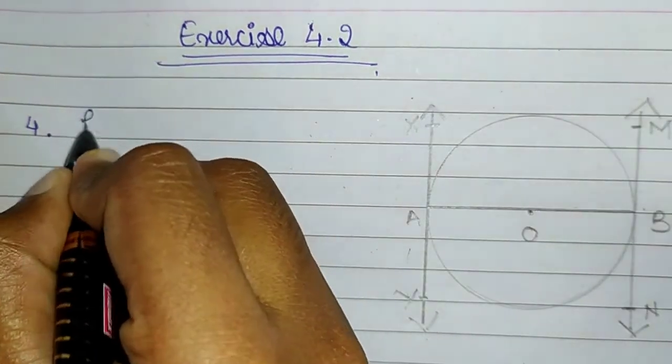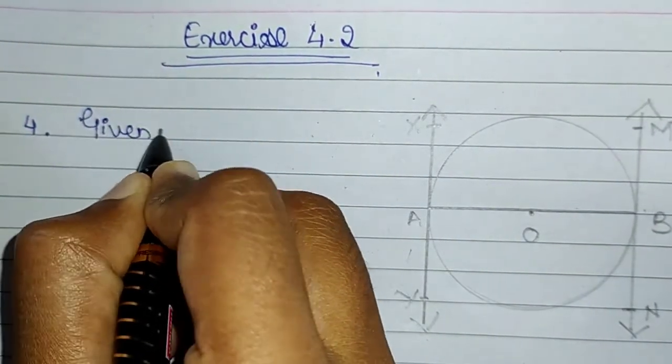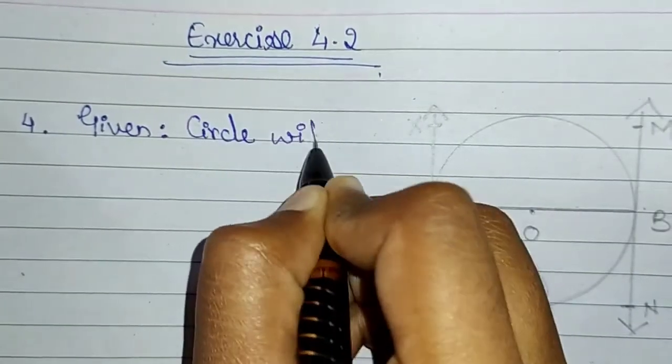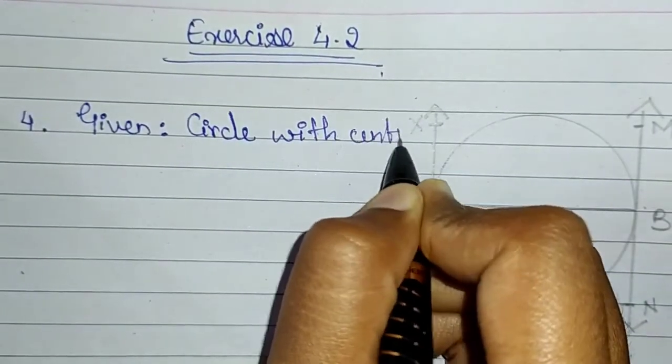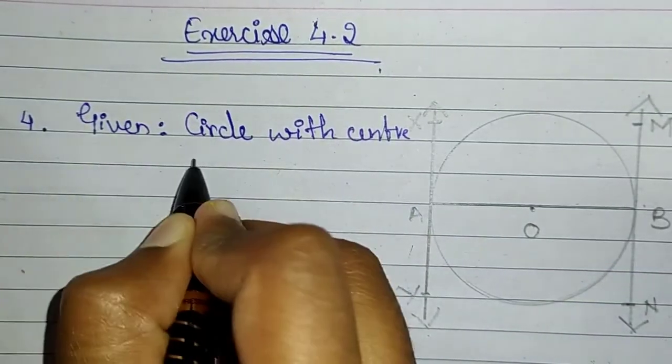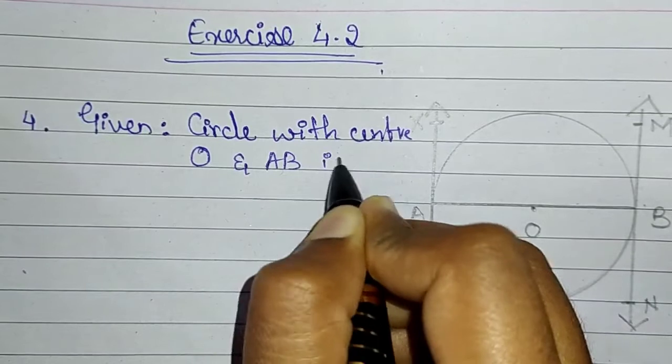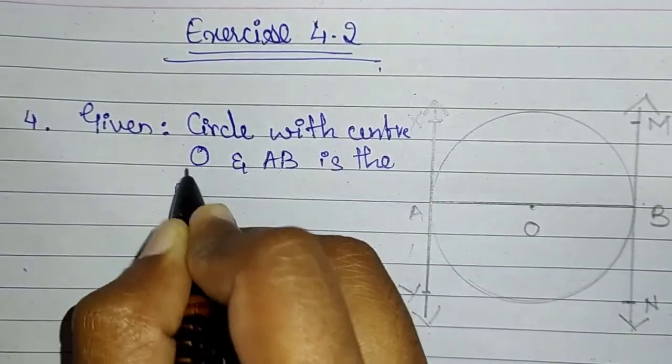So first, let us write down given: circle with center O, and AB is the diameter.